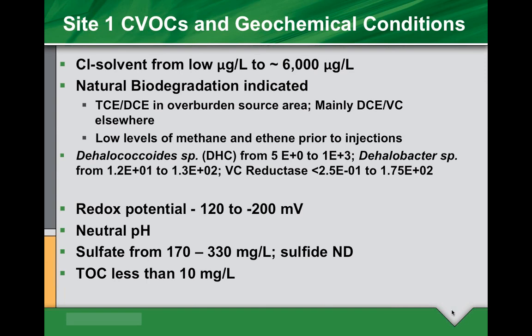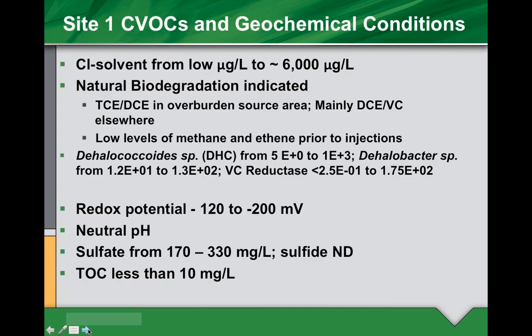Only one is mentioned here, vinyl chloride reductase, although we did look for TCE reductase and BVC1. We also had low-level detections of those enzymes. The site had a neutral pH, which is very favorable for Dehalococcoides. Our sulfate concentrations in background ranged from about 170 to a little over 300 milligrams per liter. There was no sulfide detected at our site.